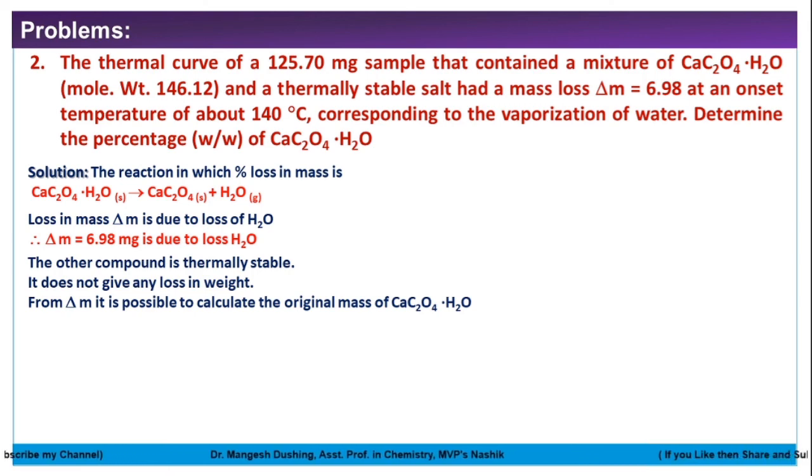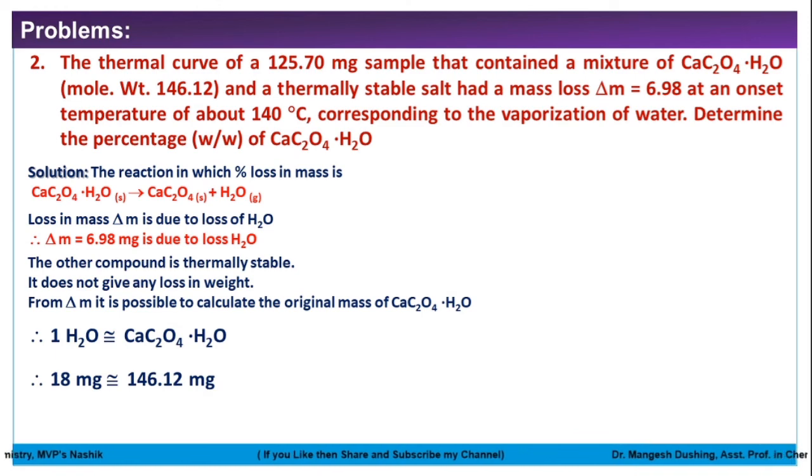From delta M, it is possible to calculate the original mass of calcium oxalate monohydrate. One molecule of H2O is equivalent to one molecule of calcium oxalate monohydrate. It means that, using the molecular weights, 18 mg is equivalent to 146.12 mg.